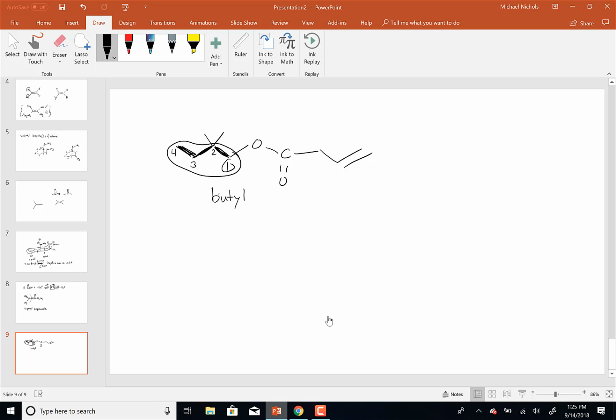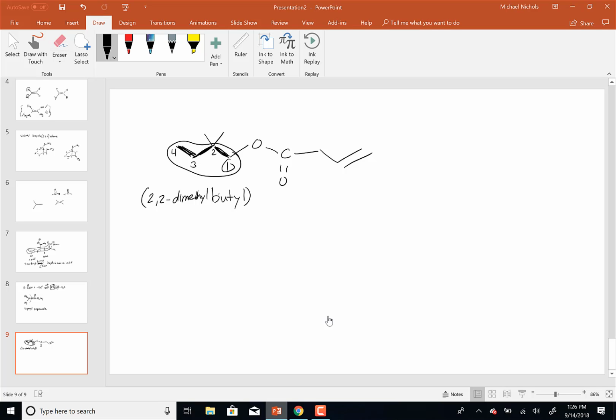Two methyl butyls. Anybody want to give a friendly help? 2, 2-dimethyl butyl.